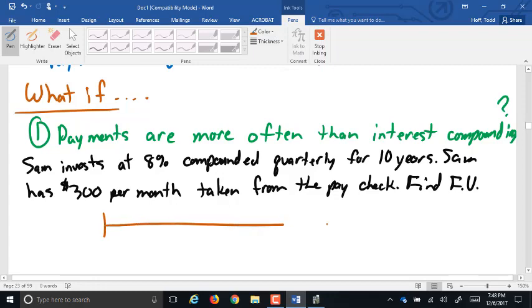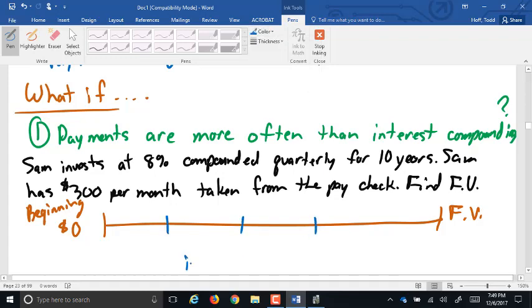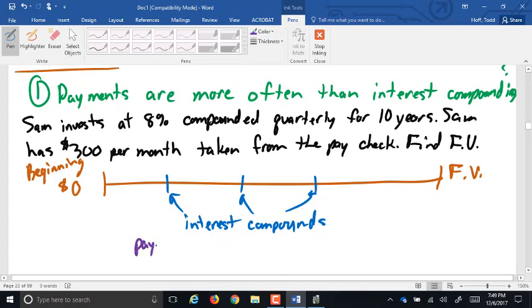So the situation we have here, we have the beginning here, the $0 beginning, right? We are heading to a future value. But what we have going on is interest compounds on the quarterly. Payments are made, however, monthly.